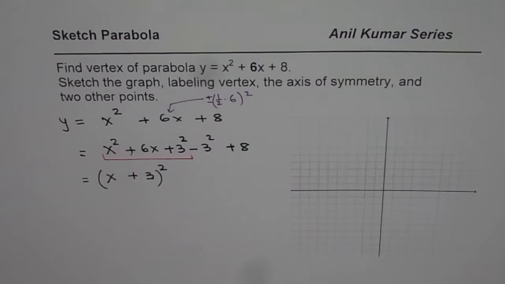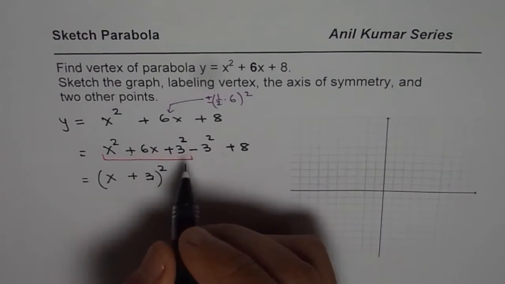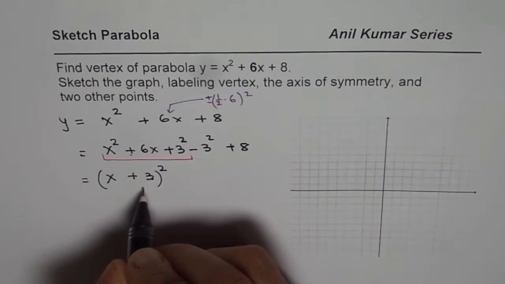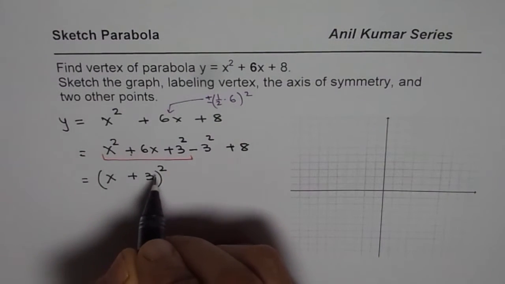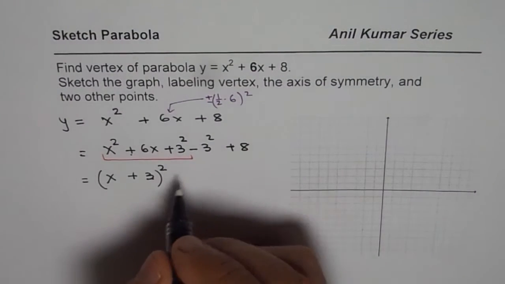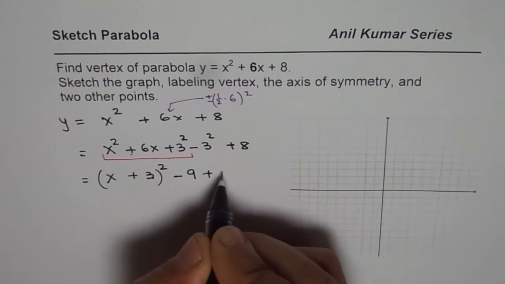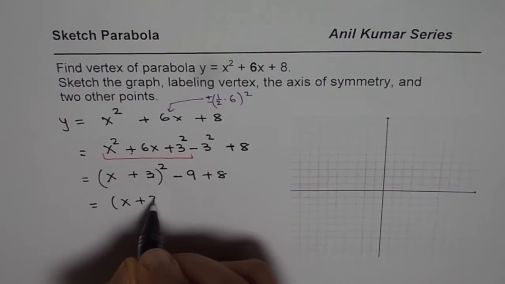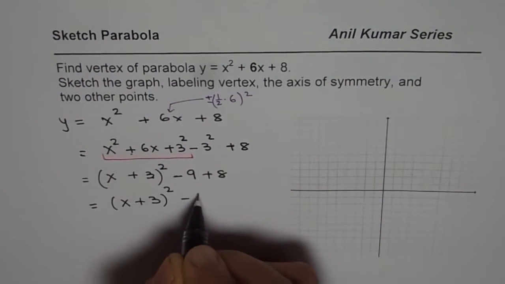I hope the name suggests how this technique is used to complete the squares. So these three terms of the trinomial can be written as a perfect square, x plus 3 whole squared. Now the other two constants can be combined, so we have minus 9 plus 8. So I can write this as x plus 3 whole squared minus 1.